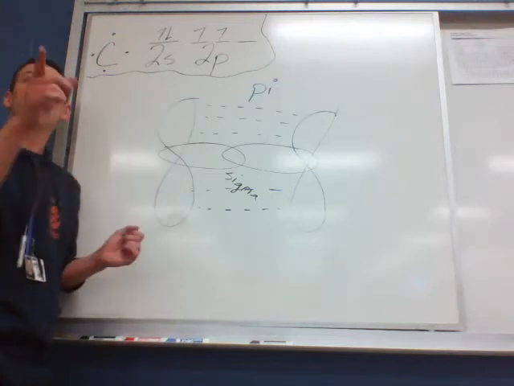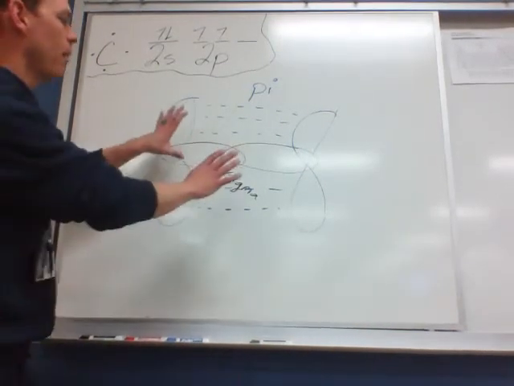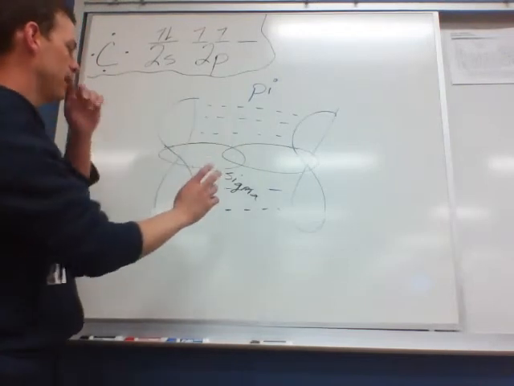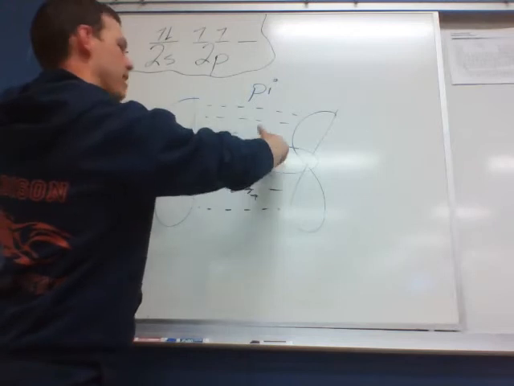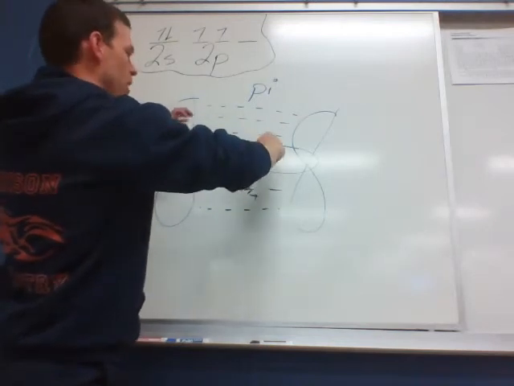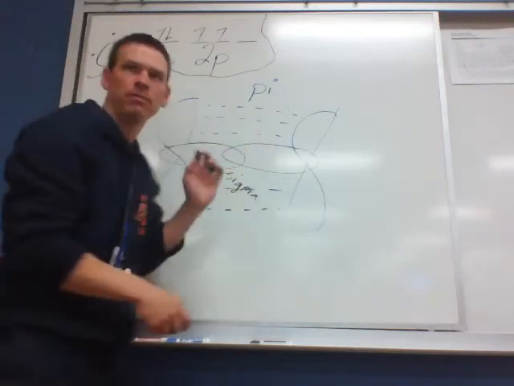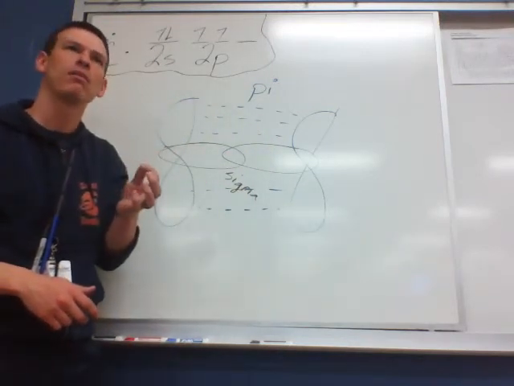A couple things. Yes, ma'am. Is the pi always going to be over the sigma? Real quick, a molecular fact about this before we go into more detail. Because of the way this is shaped, sigma bonds can actually rotate. You'll want to mark that. You can rotate sigma bonds because of the way they're oriented with each other. Sigma bonds can rotate.